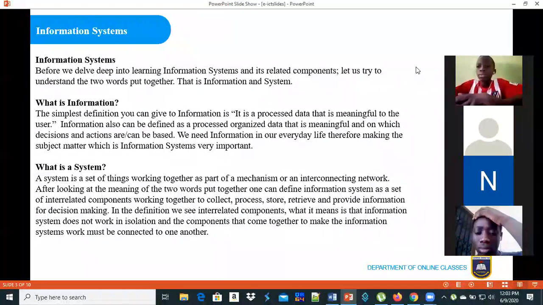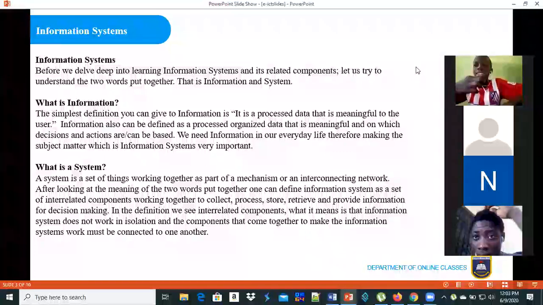Okay. It is the combination of various systems to help in decision making.